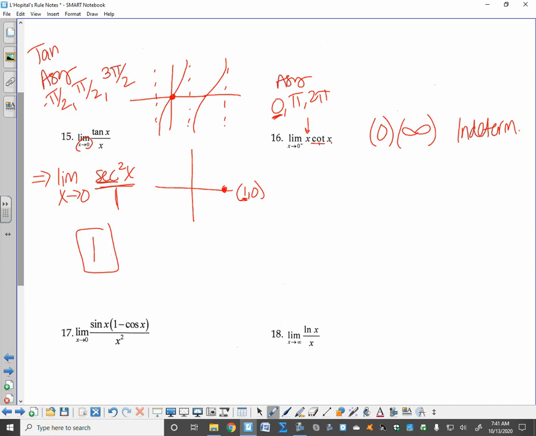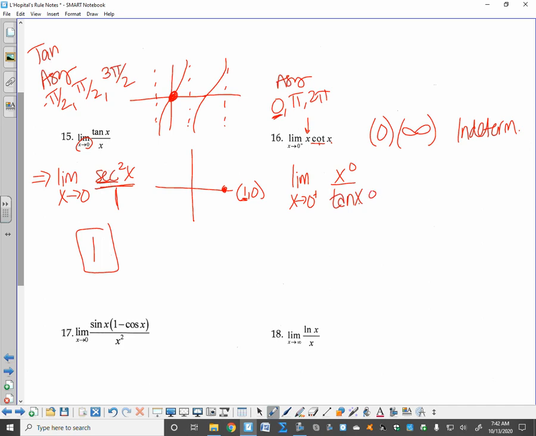We're going to take the derivative, but currently we're not in L'Hopital form. So what I'm going to do, because it has to have a numerator and a denominator, is rewrite it like that. So I haven't done anything. I've just rewritten cotangent as tangent on the bottom. Now I know that the top is going to be a 0, and the bottom, and we can go back here and see that the bottom, as tangent approaches 0, is going to be 0.